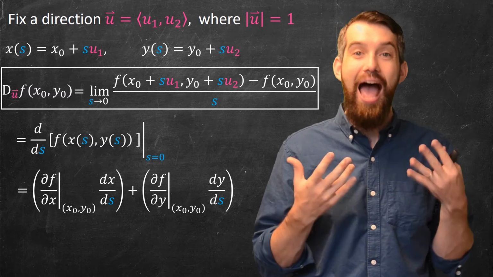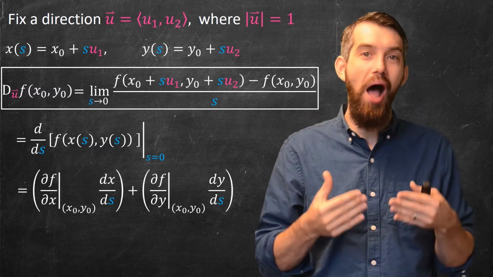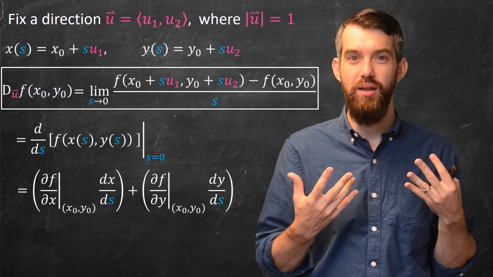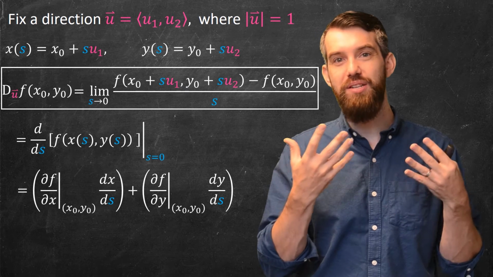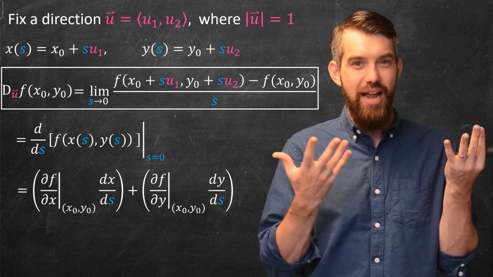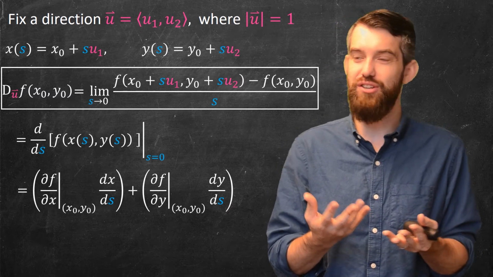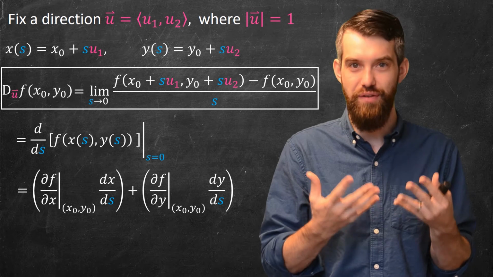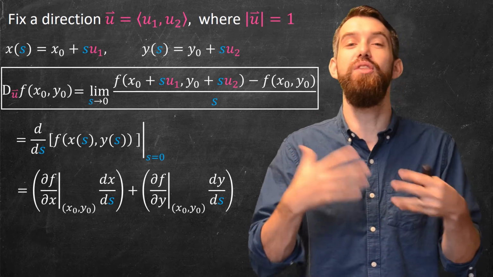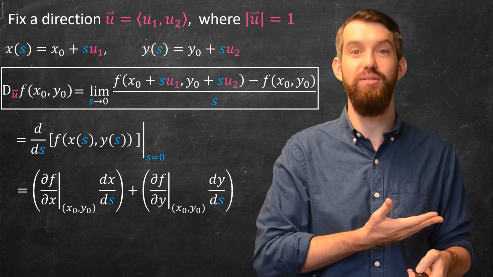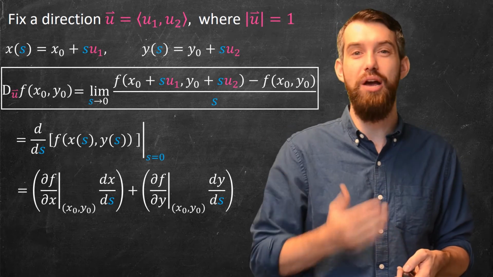And likewise, I add to that the derivative of f with respect to y, times the derivative of y with respect to s. This is chain rule. Indeed, the derivative of x with respect to s and the derivative of y with respect to s are evaluated at s equal to 0, but if I actually look at how x was defined, when you take the derivative of x with respect to s, or the derivative of y with respect to s, it doesn't matter what the value of s is, because the derivative of a linear thing in s goes down to 1.